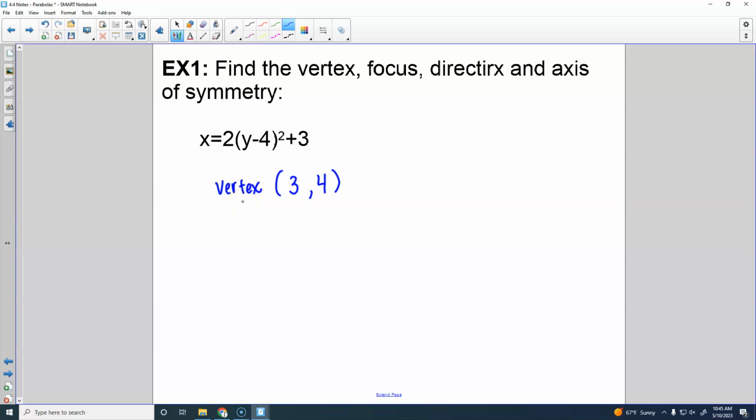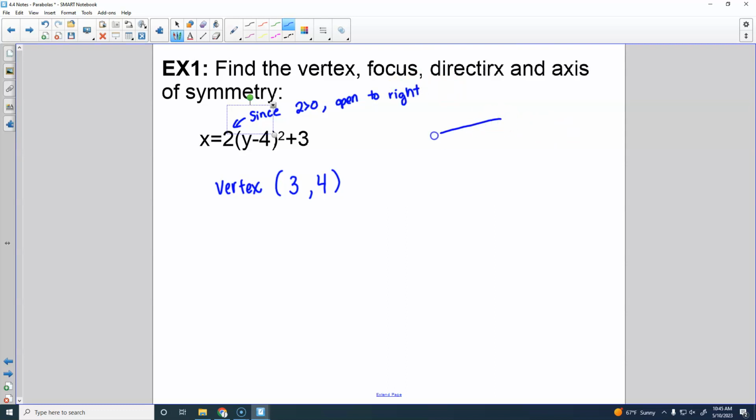This is a sideways parabola because it's x equals, and this number right here is positive. Will this one open to the right side or to the left side? To the right. Since 2 is greater than 0, since it's positive, we open to the right.